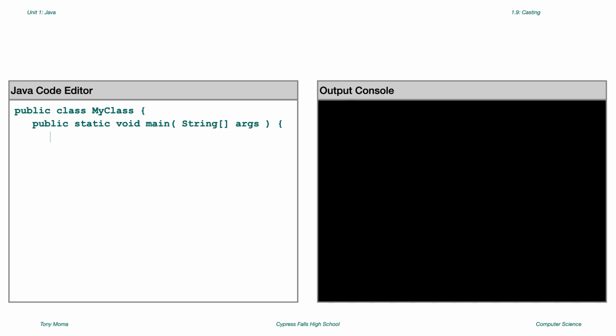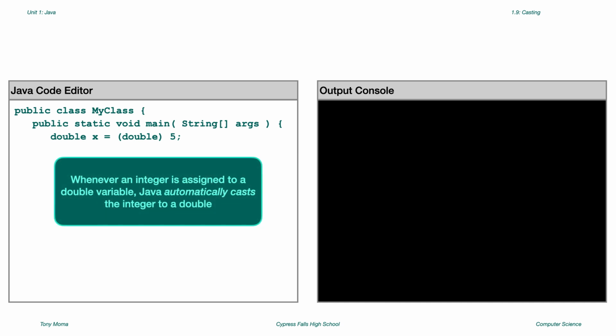Now consider the following line of code. Okay. Here we're casting the integer 5 to a double before assigning it to a double variable. Thus x will store the value 5.0 when all said and done. However, using the double cast operator in this example was unnecessary because whenever an integer is assigned to a double variable, Java already automatically casts the integer to a double.